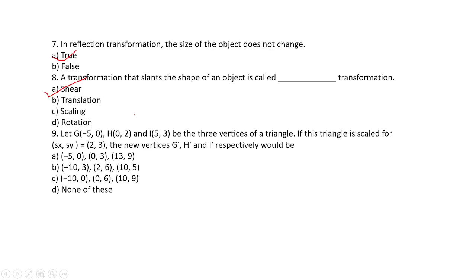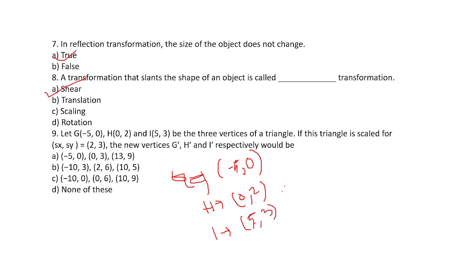So in that way, if you write, then what will we get? G is minus 5 comma 0, H is 0 comma 2, and I is 5 and 3, right?